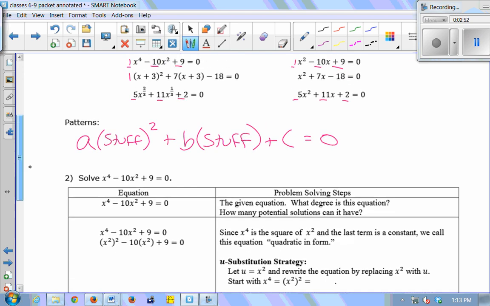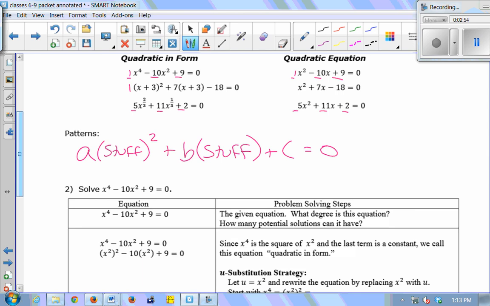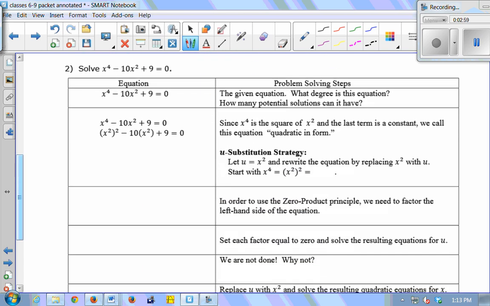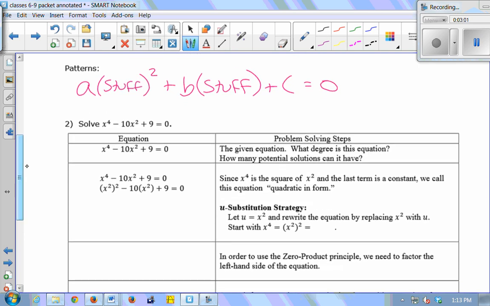So let's look at this first one, this x to the fourth minus 10x squared plus 9 equals 0. We'll solve that one. First, we have to decide what the stuff is, right? If we can make it look like this, some stuff squared plus b times some stuff plus c. What's being squared to get an x to the fourth?